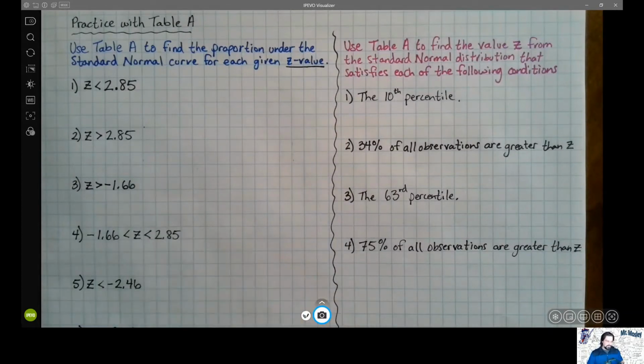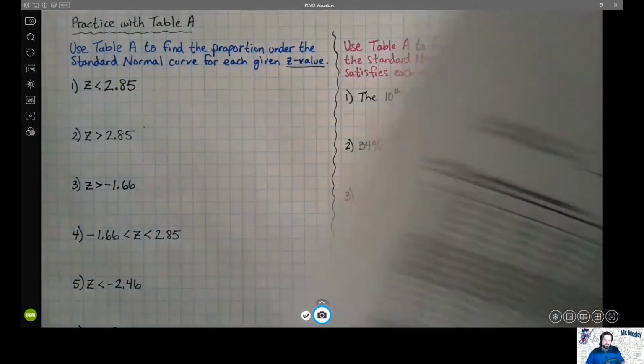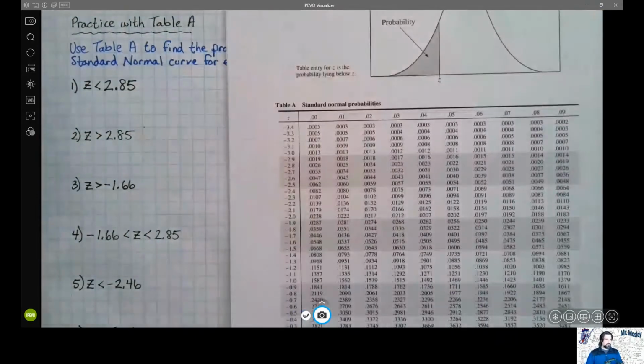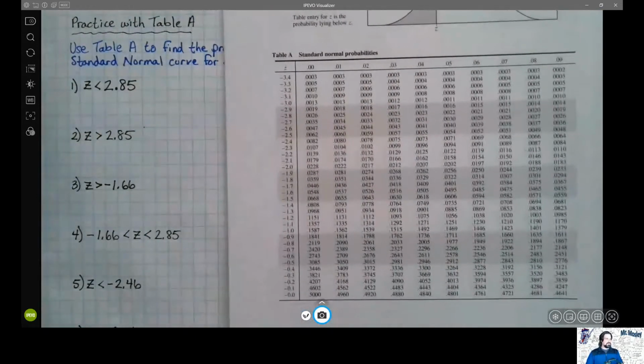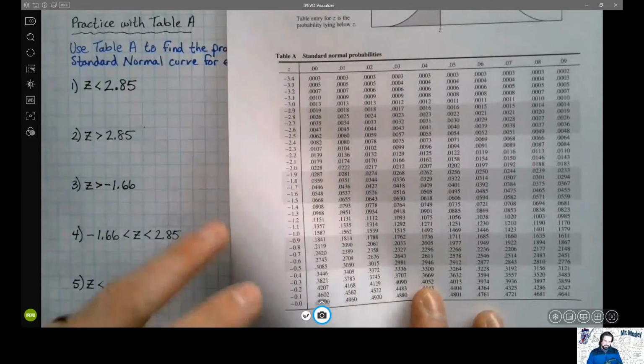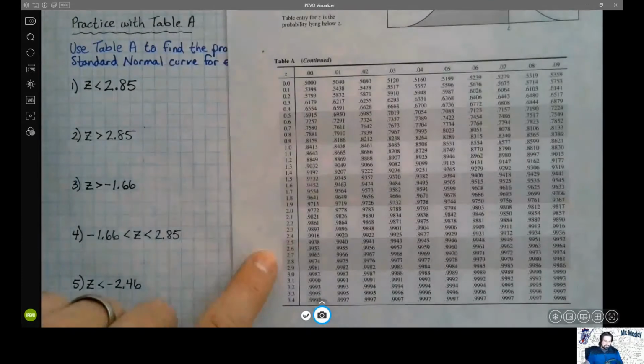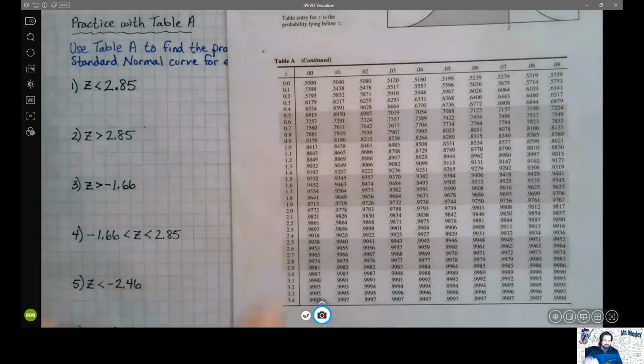So we're going to start with the left-hand side here. We're going to use Table A when given a range for z, or a z value. To do this, we will need our copy of Table A, which I have here. I have all the negative values on this side and all the positive values on the other page.